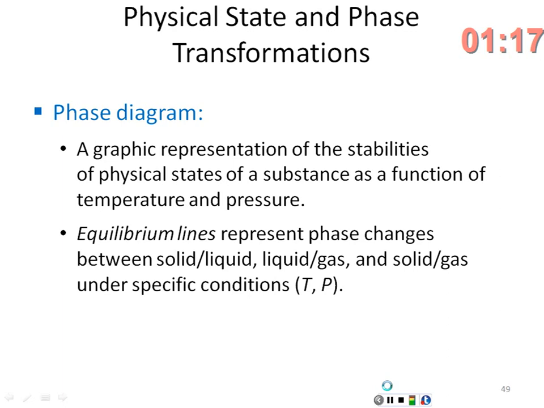A phase diagram is a graphical representation of the stabilities of physical states of a substance as a function of temperature and pressure. The lines on the phase diagram are called equilibrium lines, and they represent the changes between solid and liquid, liquid and gas, and solid and gas under specific temperatures and pressures.